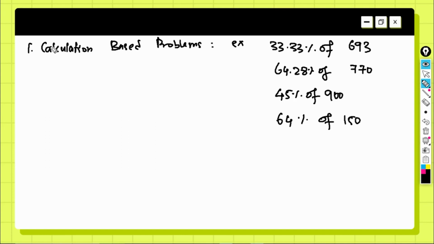You will see very rarely. But inside a bigger problem, or inside a percentage word problem or data interpretation, we should be able to apply these calculation techniques to get the answers faster. Direct questions will not be there, but indirectly it will be used. So learning this is mandatory for almost all the exams.